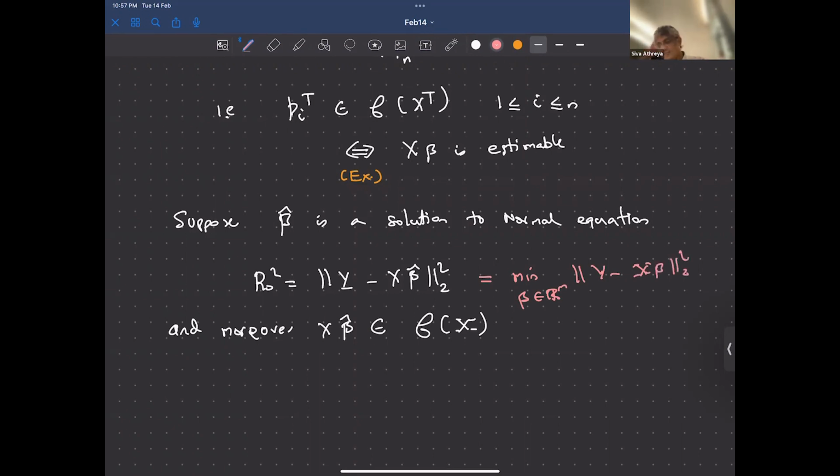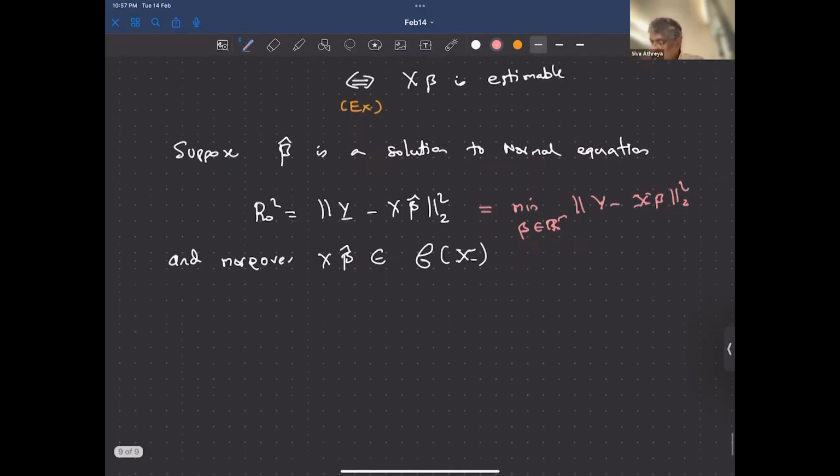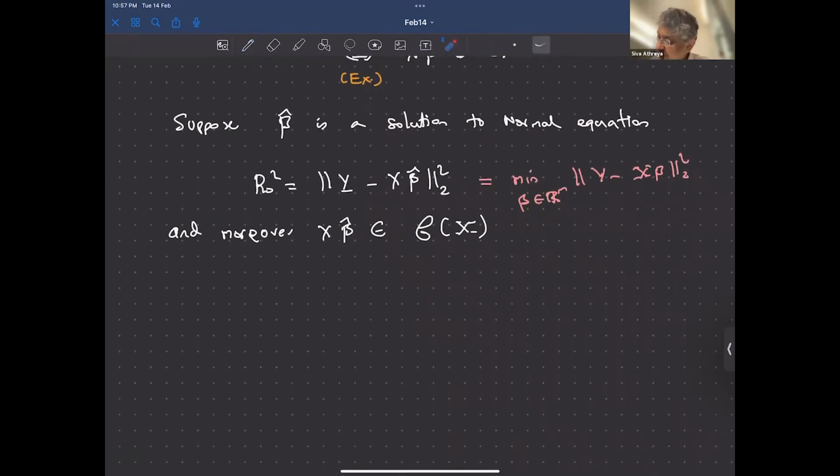That's by the theorem. But now, since X beta belongs to the column space of X, I can replace this by everybody in the column space of X. So R naught squared is equal to the minimum over all vectors eta in the column space of X of the norm of y minus eta, squared.